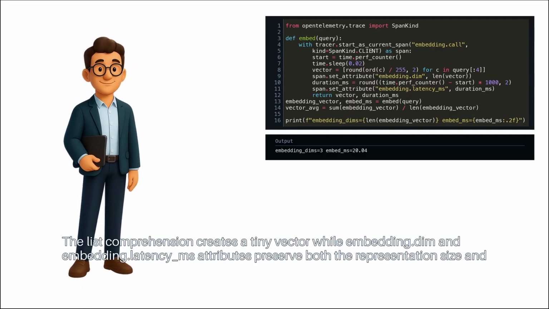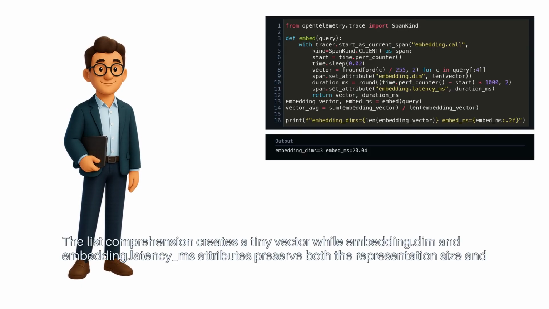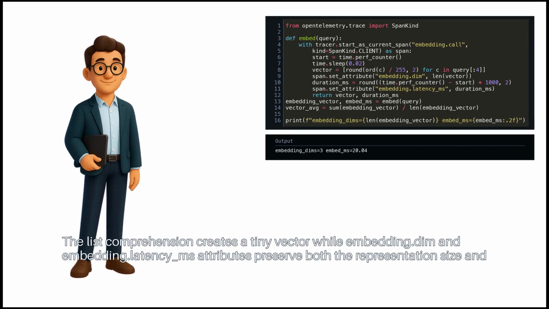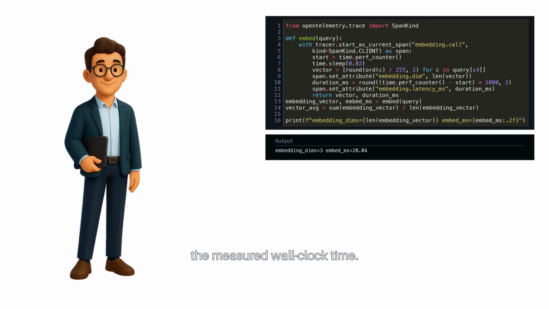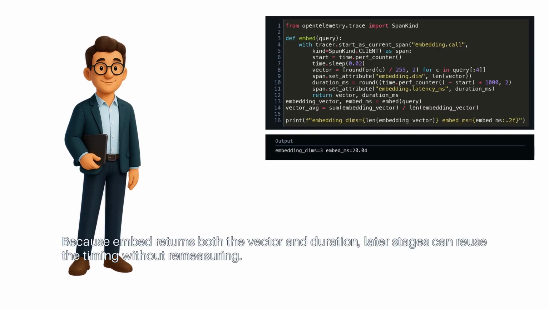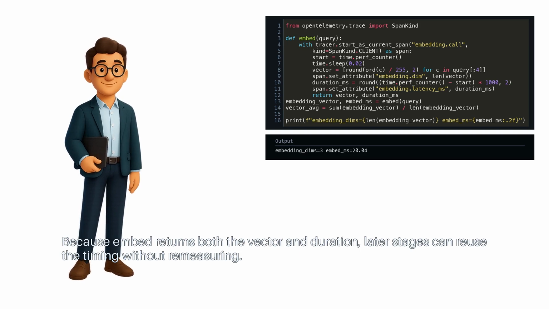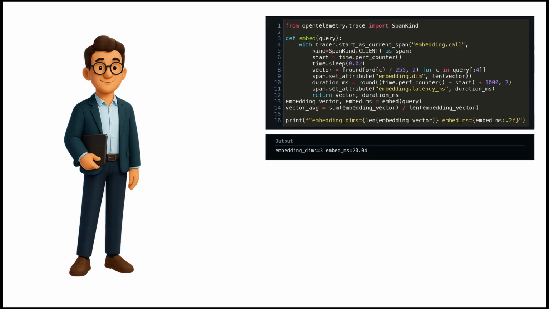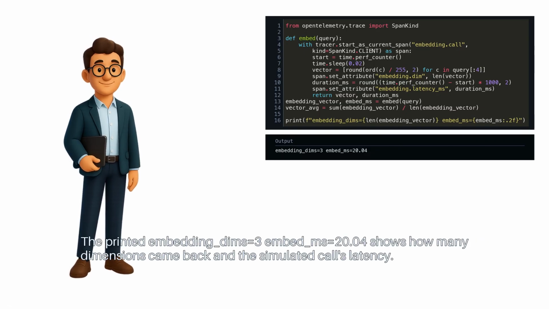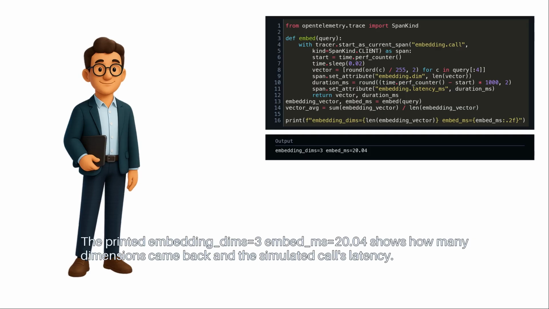The list comprehension creates a tiny vector, while embedding.dim and embedding.latency.ms attributes preserve both the representation size and the measured wall clock time. Because embed returns both the vector and duration, later stages can reuse the timing without remeasuring. The printed embedding dims equals 3, embed ms equals 20.04, shows how many dimensions came back, and the simulated call's latency.